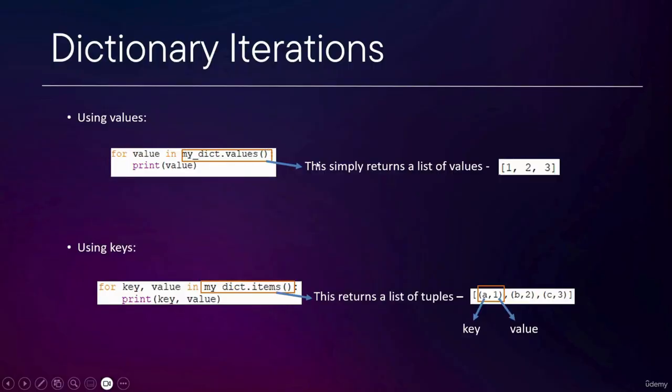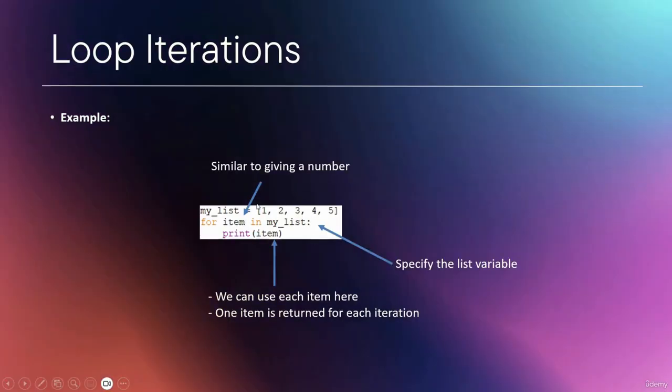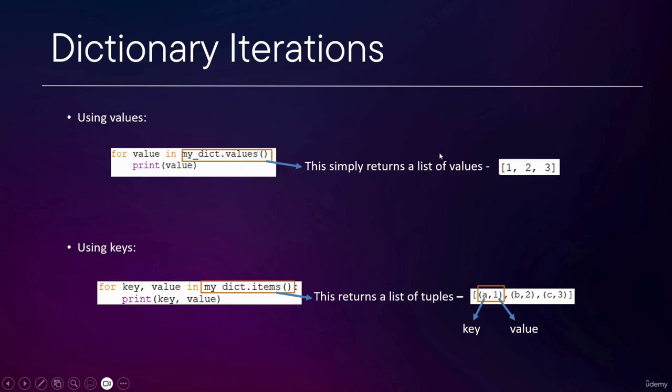So it will return a list of values. Now this complete part has just become a list. So now we can do it like this. Now this has just become this. You see? So it is 1, 2, 3. Now it is just like iterating over a list. But the list is basically a list of values. So it will iterate in the same concept.